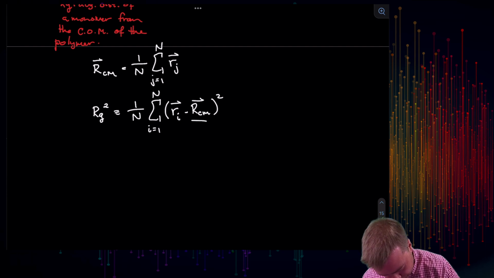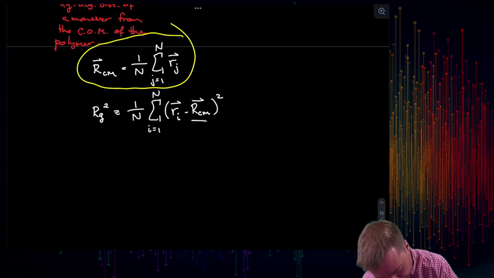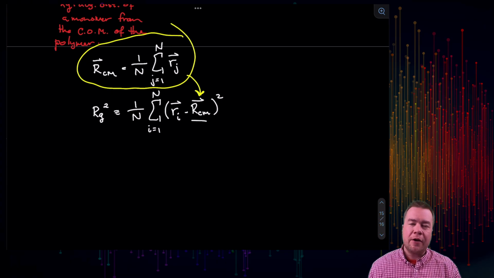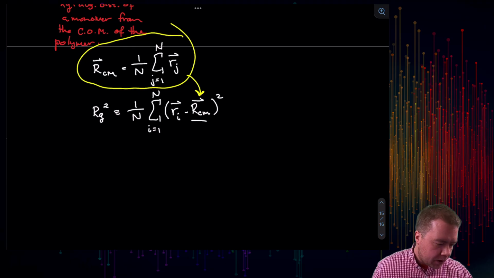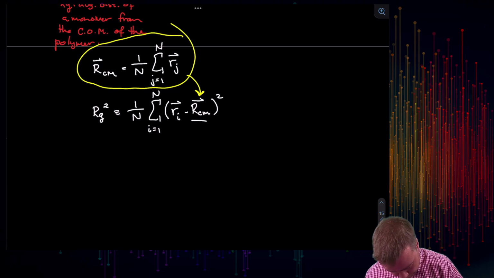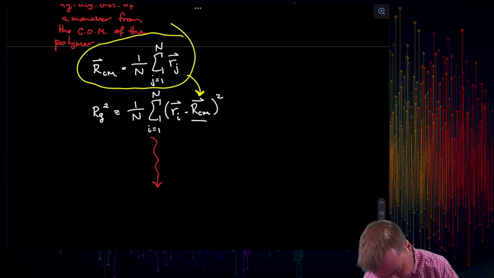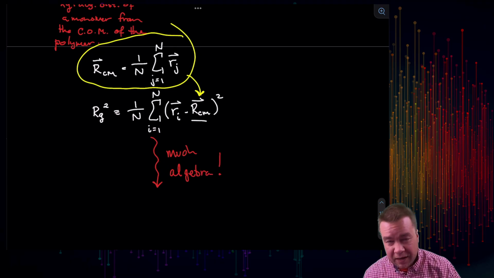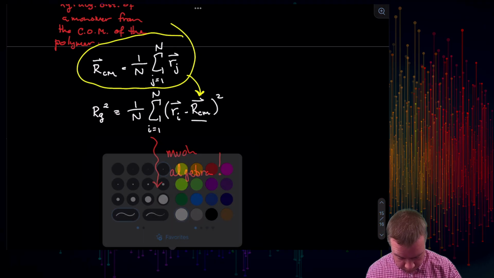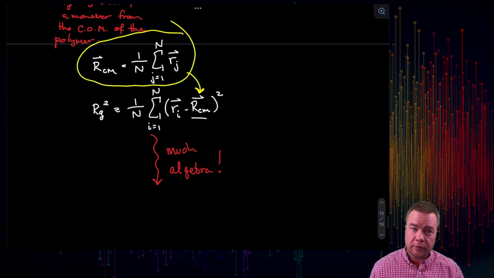I substitute this whole thing in, and then I have all these indices and summations, and I have to manipulate the expressions quite a bit. And so the net result, after much algebra, and that's all it is, just simple algebra, is we get to a useful expression for the radius of gyration.